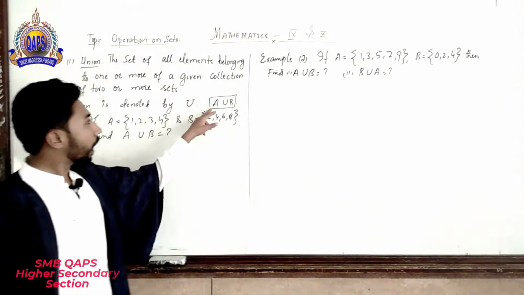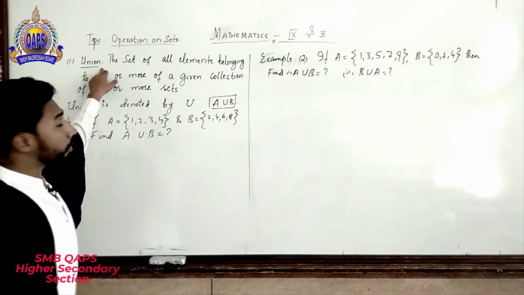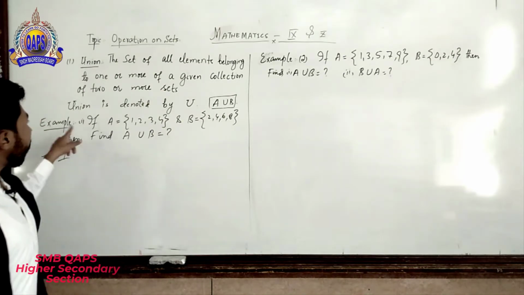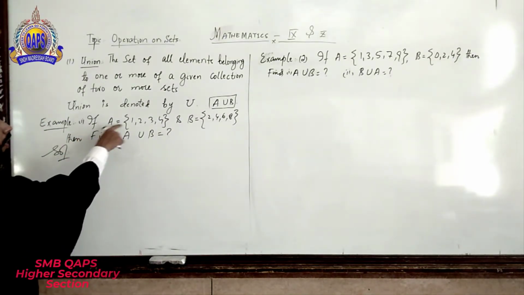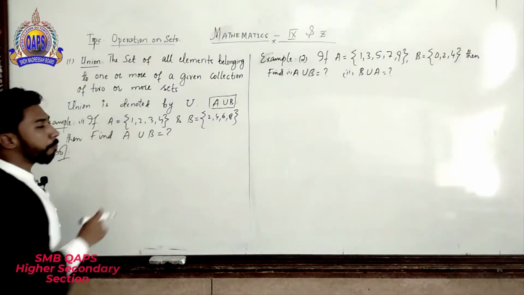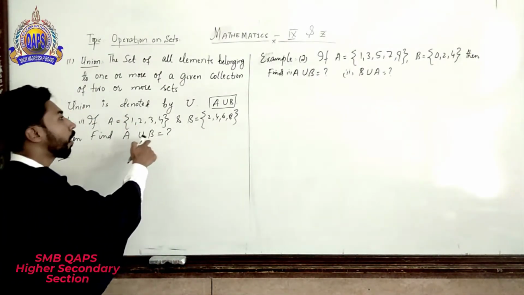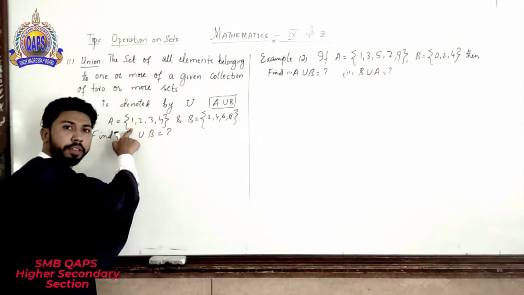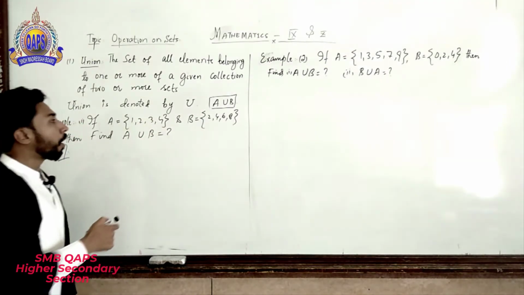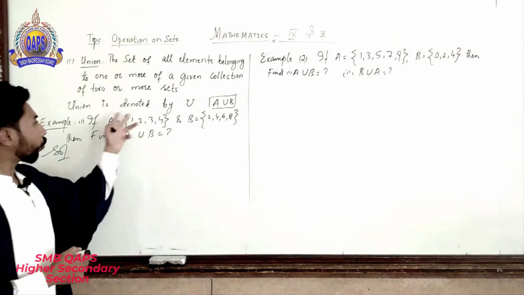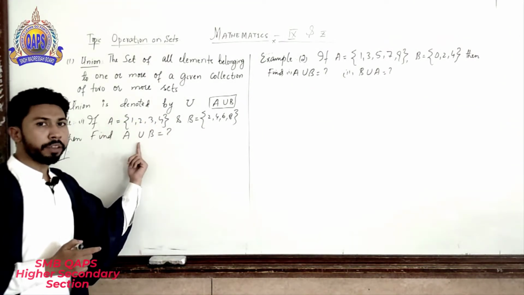So A union B denotes the union. Example: if A contains 4 elements and B also contains 4 elements, then find A union B. In between two sets we find the union.